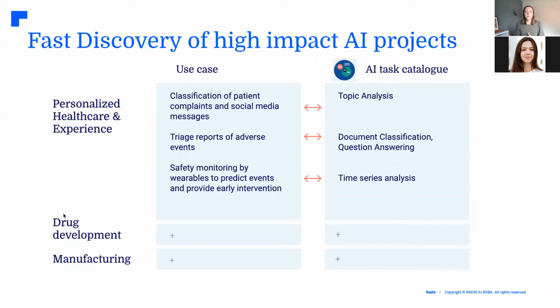Taking it one step further, still in natural language processing, we could help with the triage and processing of adverse event reports. So a patient has a side effect of a certain drug that he's taking and needs to report this to the pharmaceutical company. When these reports come in, it's important that we know immediately how crucial is this, has this issue occurred before?